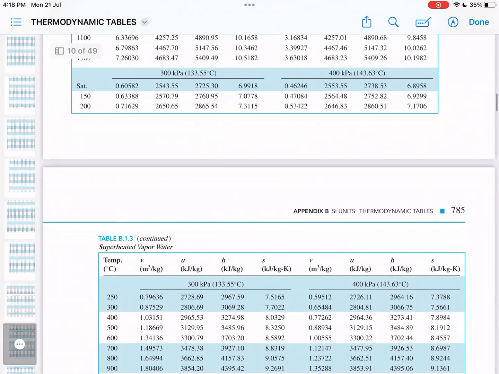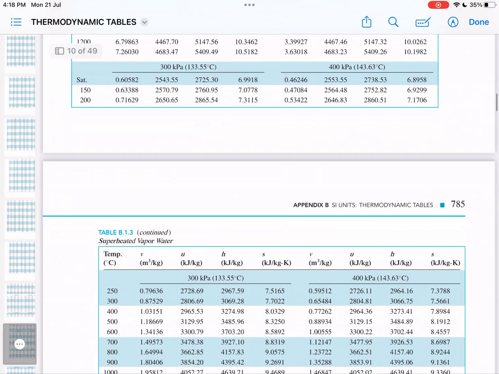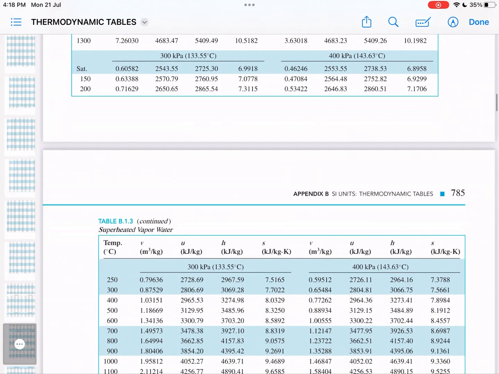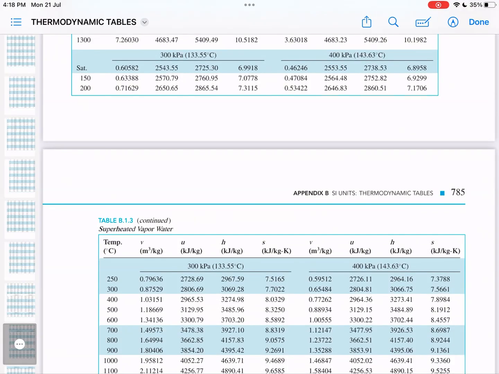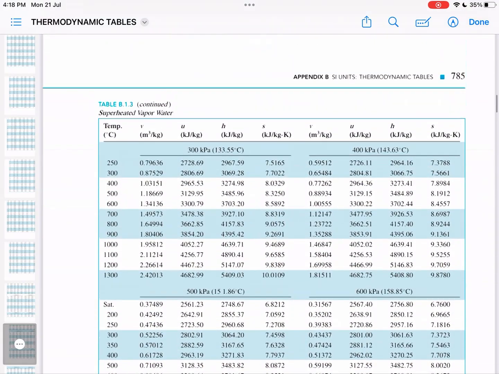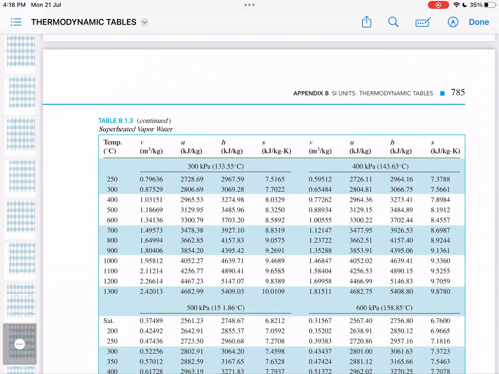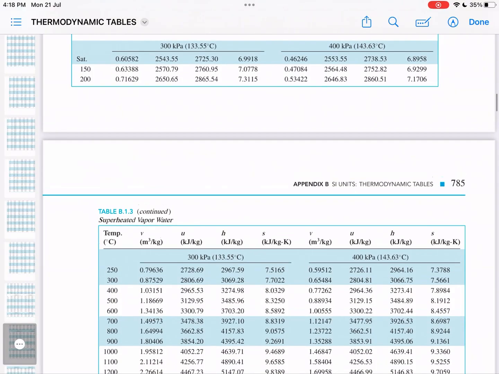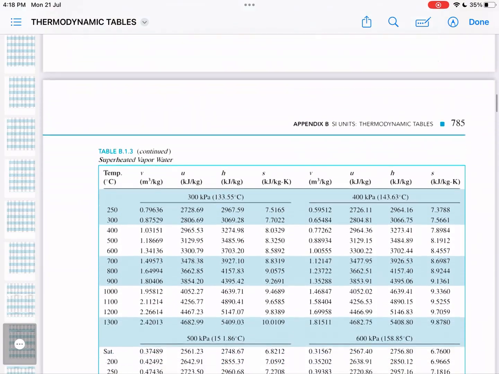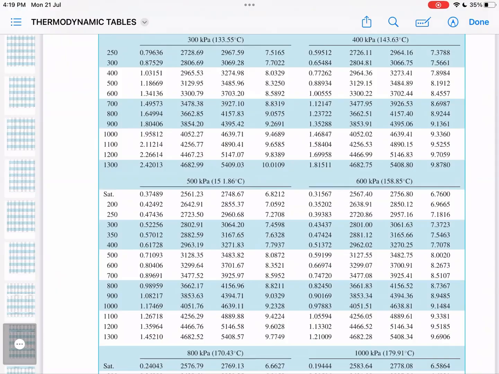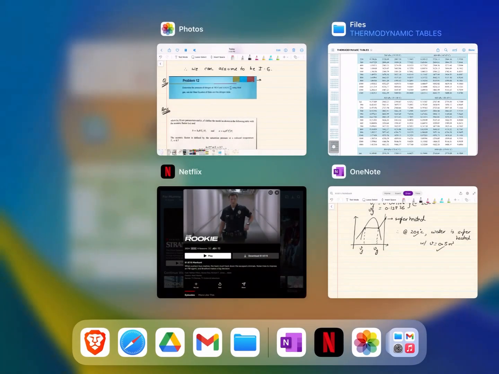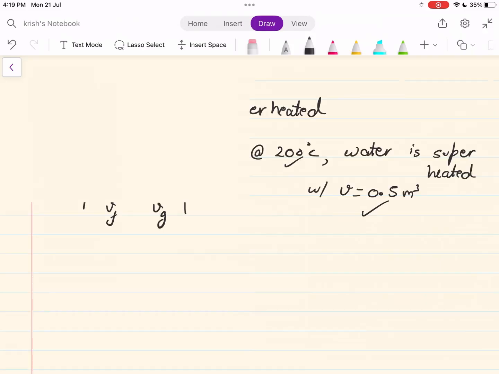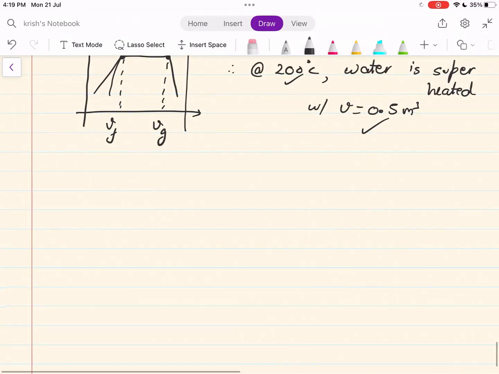And if we keep going like that, we see that somewhere between 400 kilopascal and 500 kilopascal, we are getting the specific volume of 0.5. However, at 400 kilopascals, the value is 0.53, and at 500 kilopascal, the value is 0.42. So that means our required pressure value will lie somewhere between 400 kilopascal and 500 kilopascal, right?